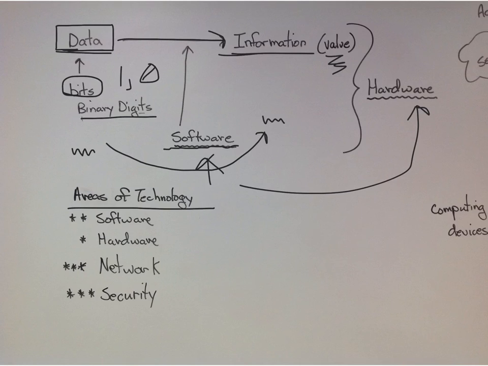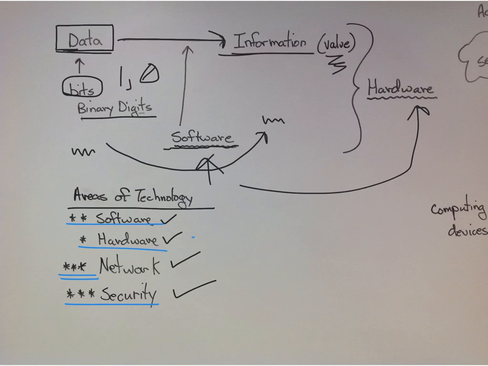So we listed some areas of technology. We listed software, hardware, then we linked them together and get a network, and then we talked about network security. Now what I think in this course, sometimes, for example, my main interest lies in networking, and then security, then software, and then hardware.